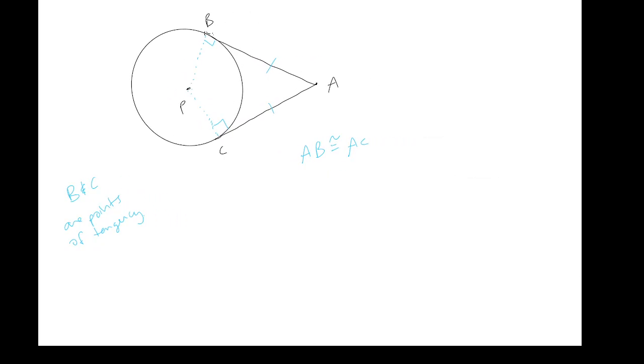Now, as we continue on, for every point outside of a circle, for example, I'm going to call this point K, if I drew two lines, there are exactly two lines that are going to be tangent lines to that circle, and both of those lines will be congruent. It exists for every circle.